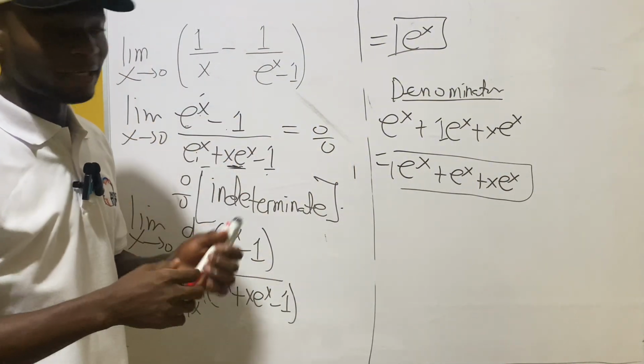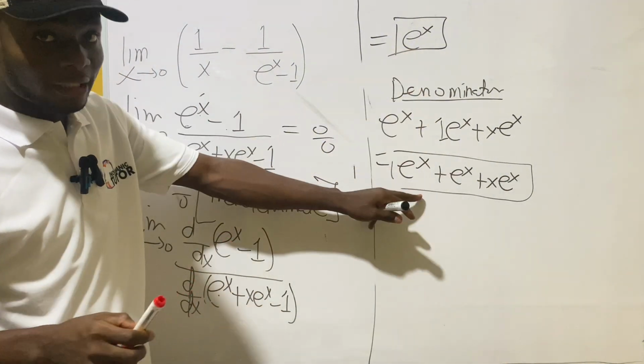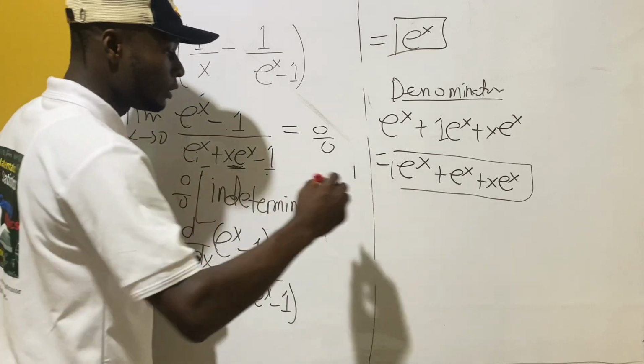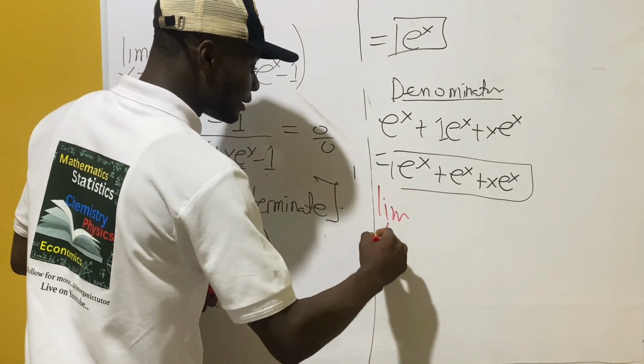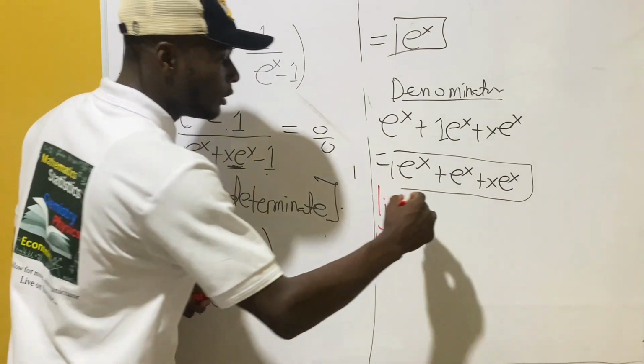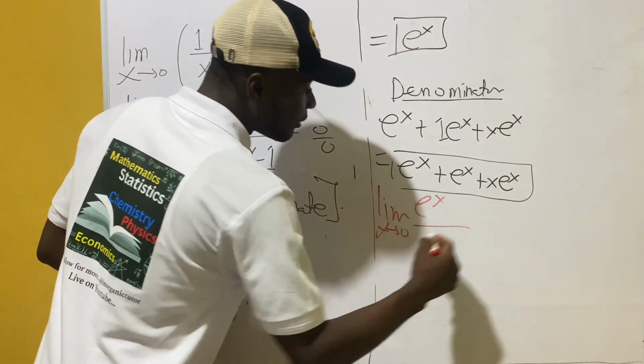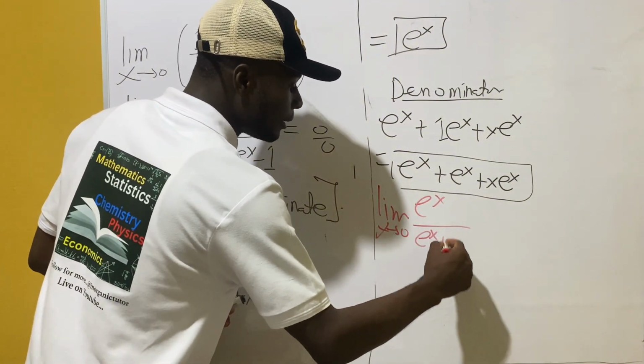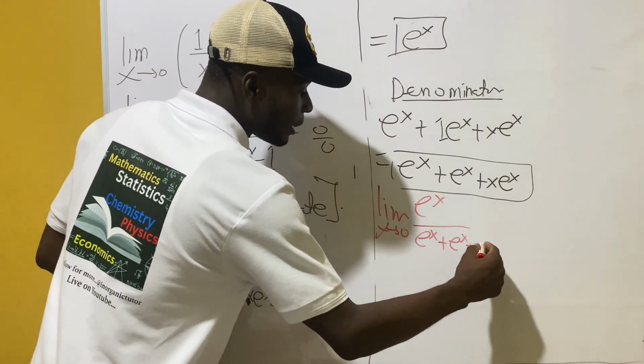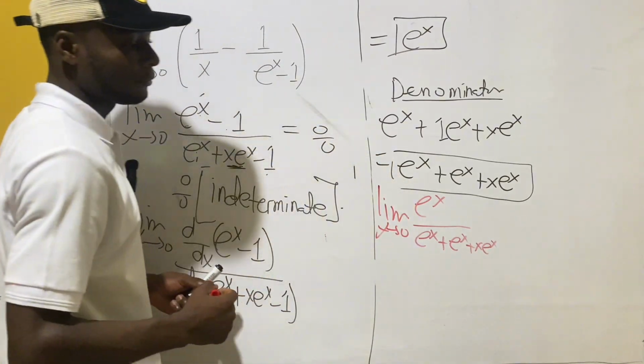So now let's take the limit for the numerator and the denominator. The limit as x approaches 0 of e power x over e power x plus e power x plus x e power x.